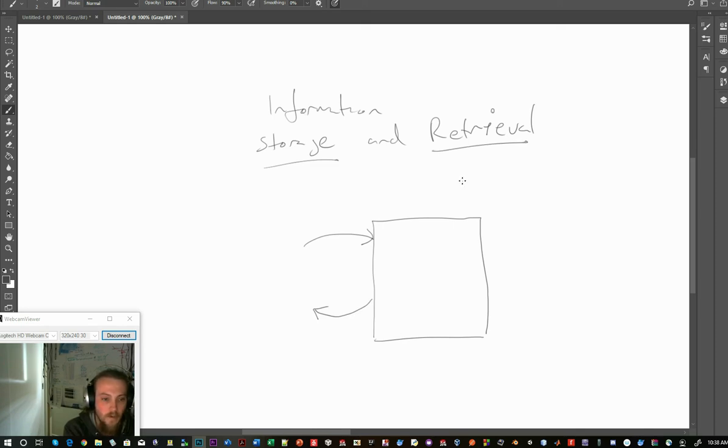Now, one thing that's important for us when we talk about types with this storage and retrieval is the fact that not all information is the same size, okay? So you can think of it as, for example, my height versus my name. These bits of information are going to be different sizes.